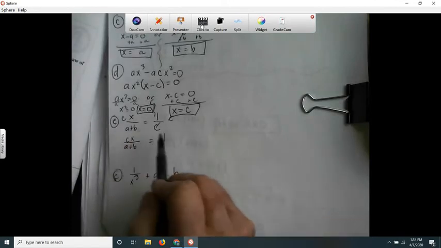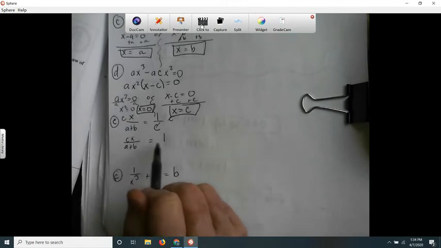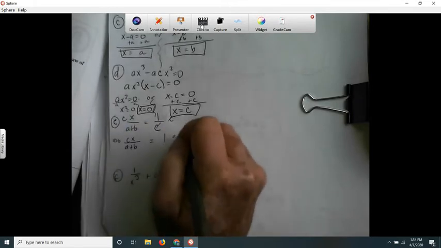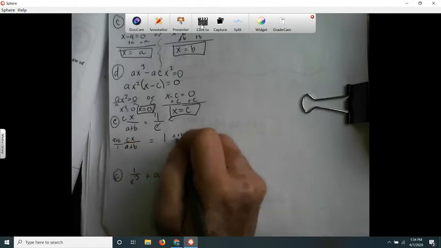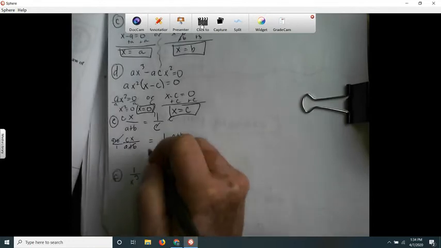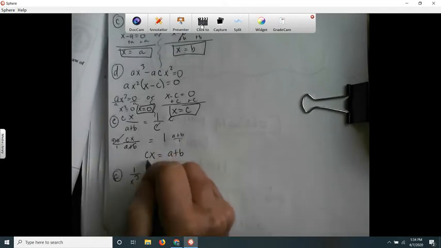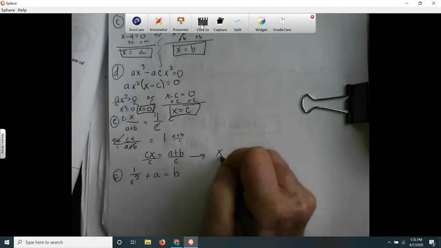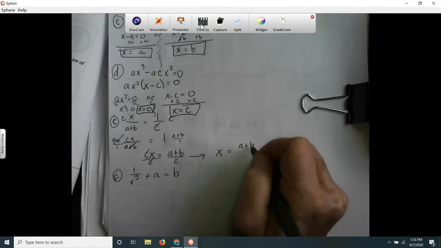And then I'll multiply both sides by a plus b so that I can get x closer to being by itself. So that gives me cx equals a plus b, and then I can divide by c. So x equals, because those cancel, a plus b all over c.